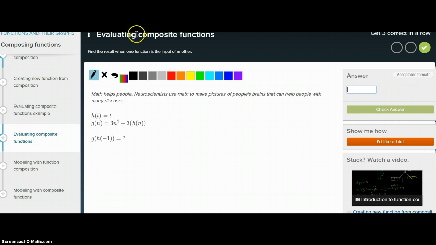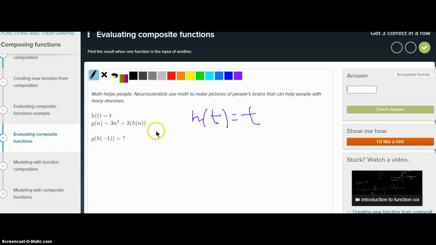Alright, so our next question here, we'll just do this one on the scratch pad. So let's look at this. So we have h of negative 1. So let's start with that. So let's plug in negative 1 into this h of t function. So we'll have h of t equals t.